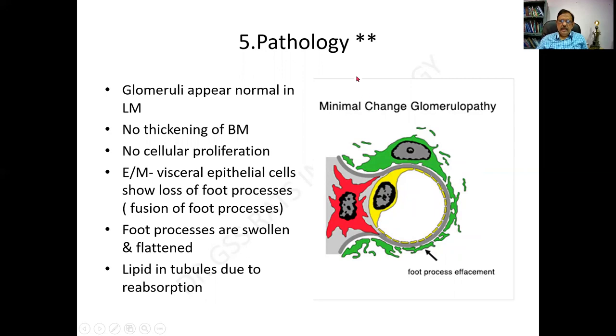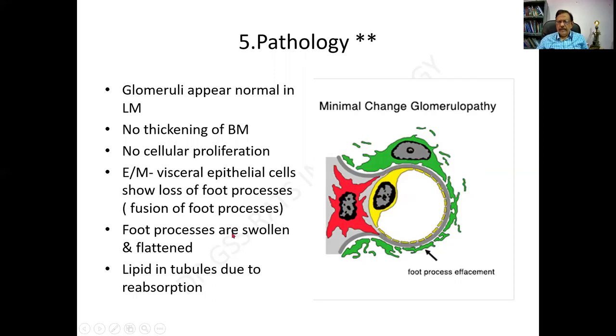Now what is the picture? In light microscopy, always in a case of glomerular pathology, we should have the light microscopy, the electron microscopy, and the immunofluorescence. Three pictures must be mentioned. The glomeruli appear almost normal in light microscopy, so nothing much for us to bother. There is no thickening of the basement membrane, no cellular proliferation, and you find by electron microscopy, the visceral epithelial cells, that is the external cells, will be showing loss of the foot processes or the fusion of the foot processes.